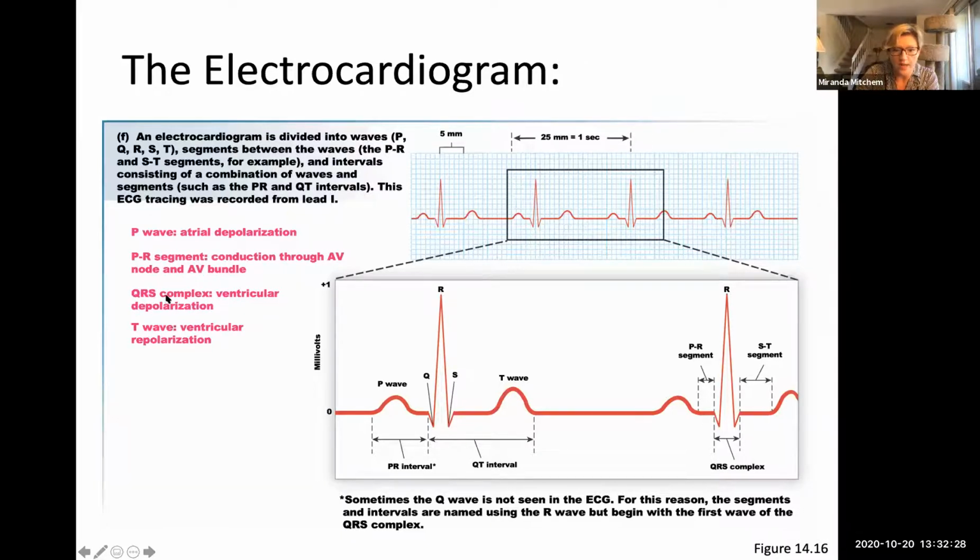Our QRS complex, that's this big point, is ventricular depolarization. And then the T, this hump here, is the repolarization of the ventricle. And notice that the T wave is bigger than the P wave. And it should be, because the ventricle is a lot stronger than the atria.